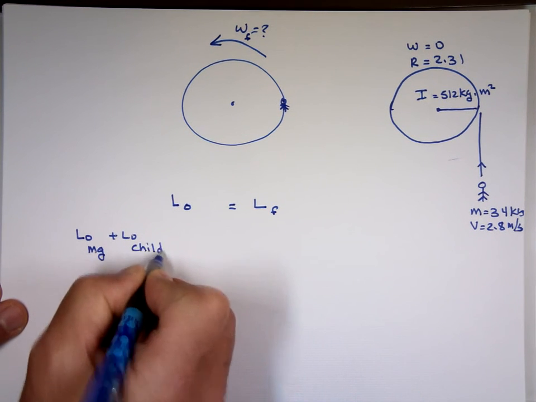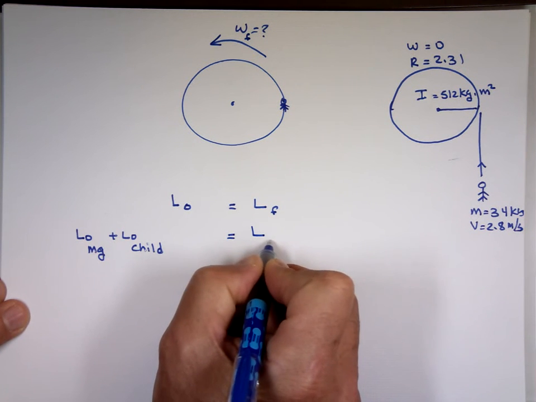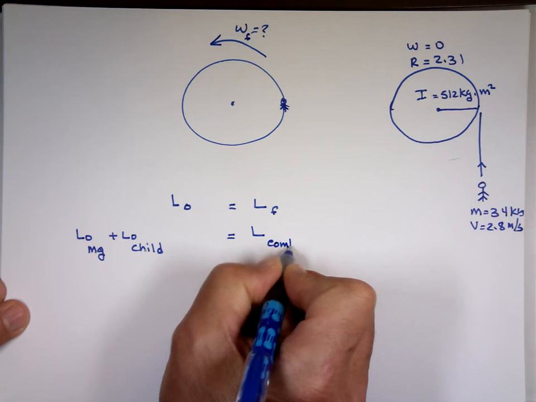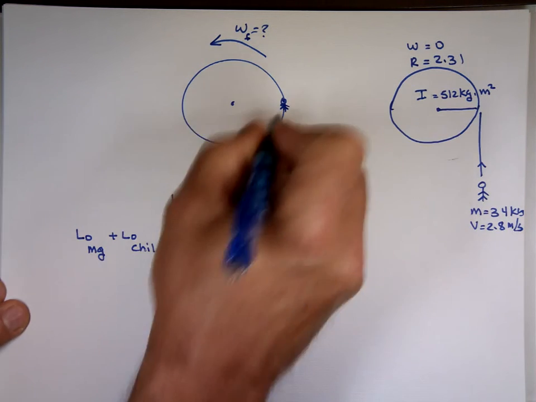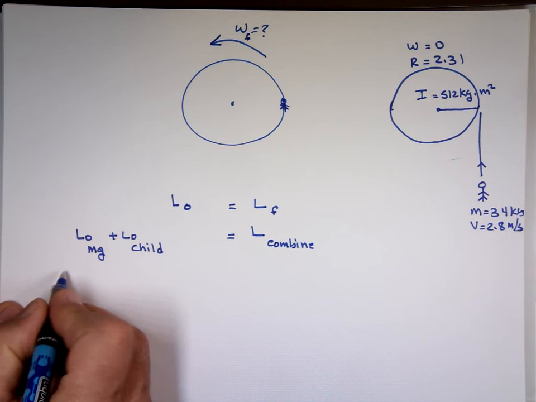The final is L for the combined system, because the boy is stuck on it with the merry-go-round. So let's look at the merry-go-round. The angular momentum is what? Inertia times W, right?